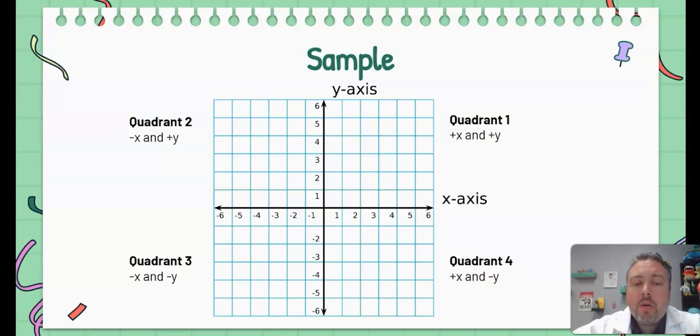Now, here's some things you have to notice about this. First, where do the 2 lines intersect? Where do they cross? Well, if you notice, there is a spot where they do in fact cross, which is the origin. The origin is one of our key locations on the coordinate plane. Now, there's something else that these axes do. Notice that because they intersect at 0, they also represent a change.